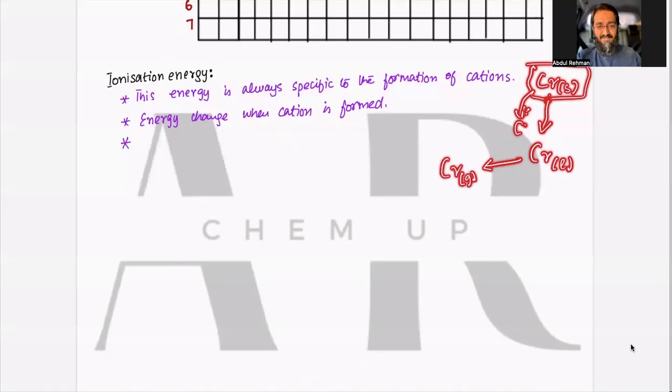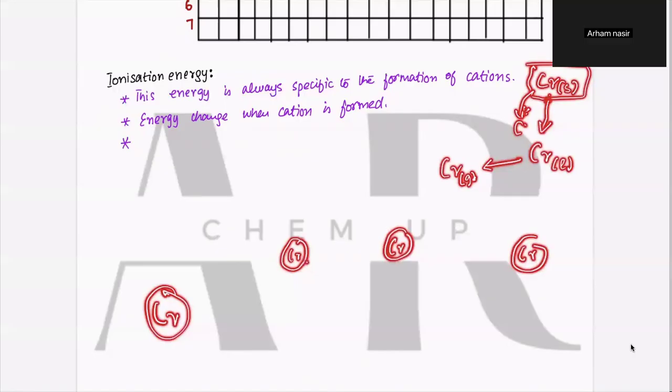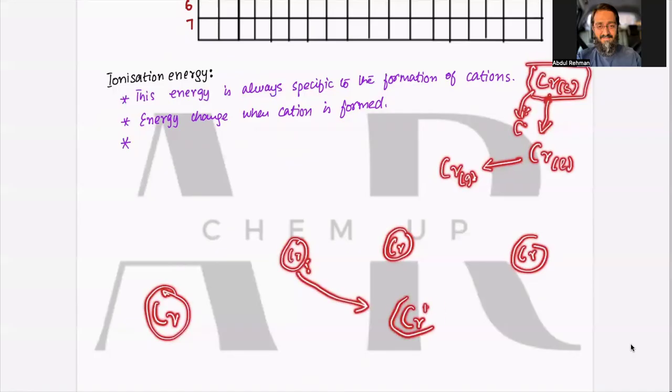And when something turns into a gas, what happens between its particles? There is either no force of attraction or a negligible force of attraction. So all the atoms get isolated from each other, right? Yes. So now there is a single atom. Now, if we further provide the energy, then it is going to lose the electron and turn into a cation.